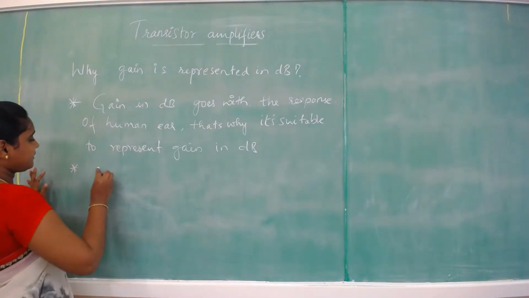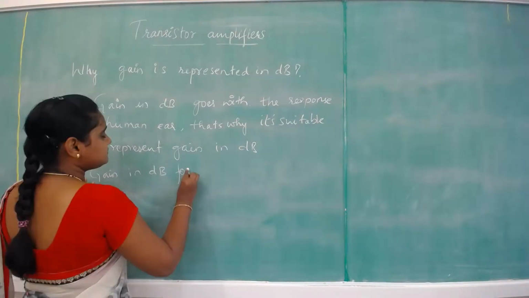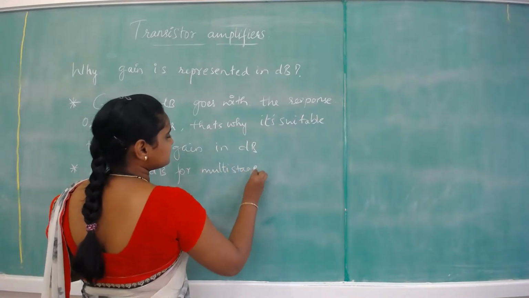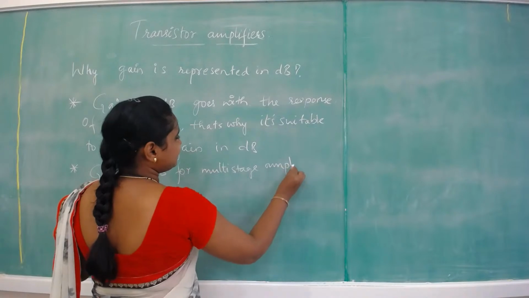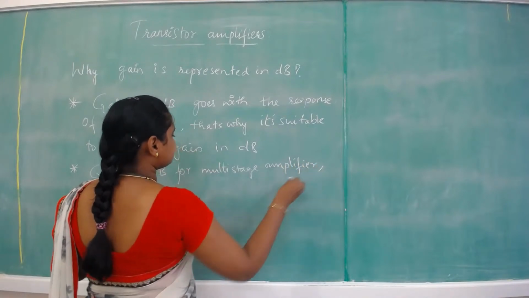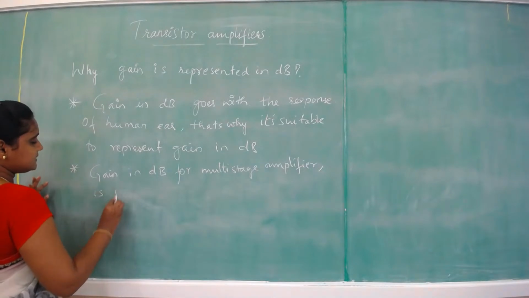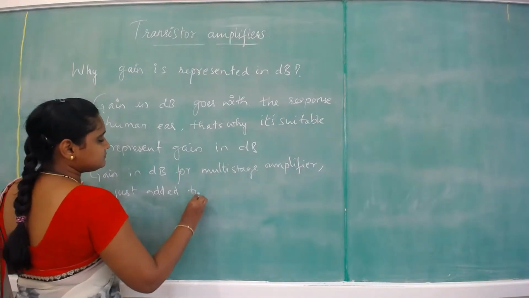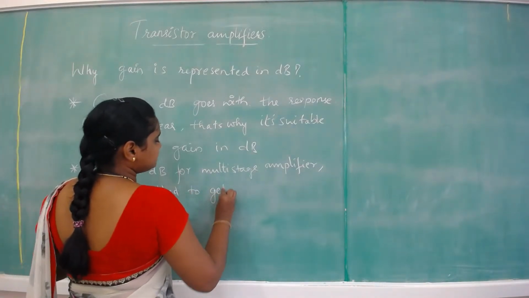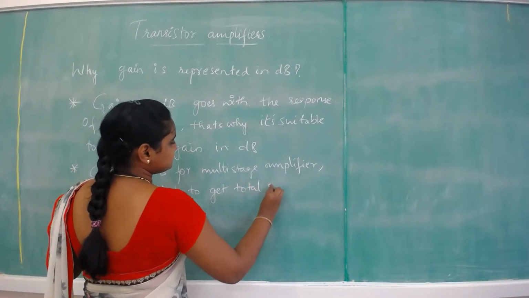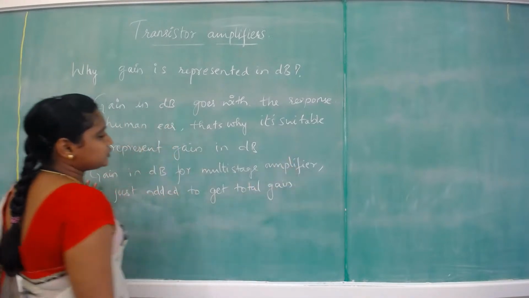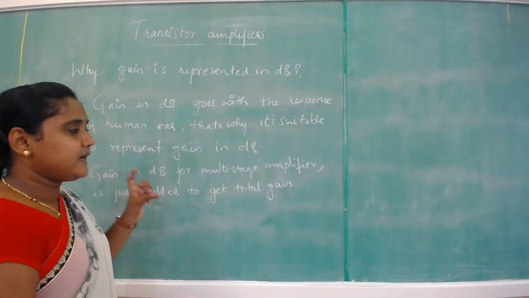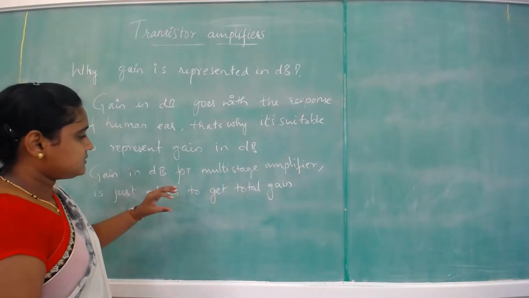Next, the gain of a multiple stage amplifier is just added to get the total gain. So the total gain of a multi-stage amplifier, when represented in terms of dB, is just the addition of each stage.